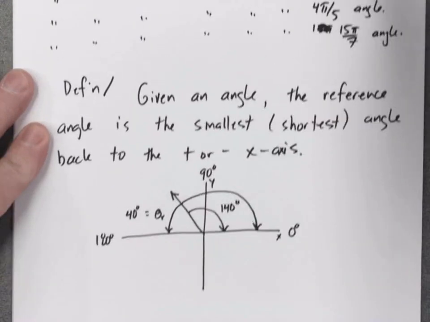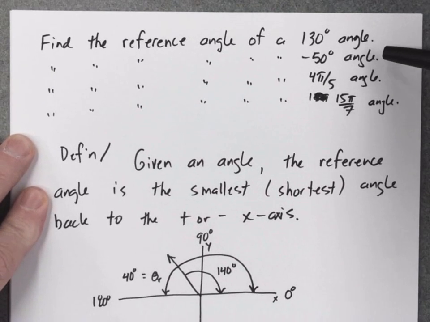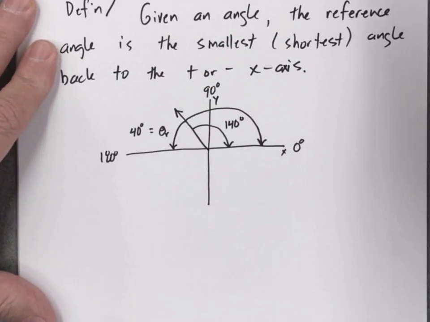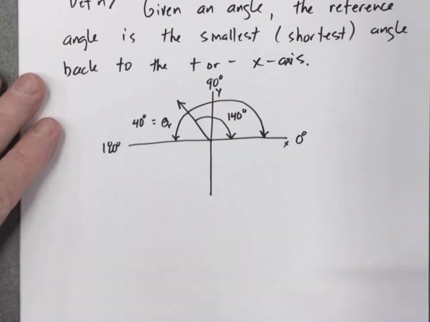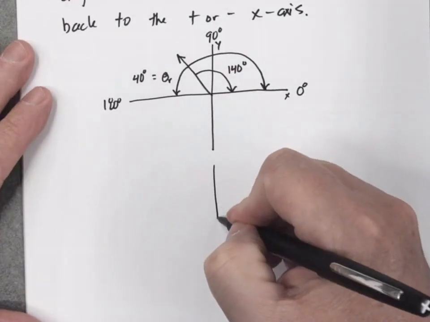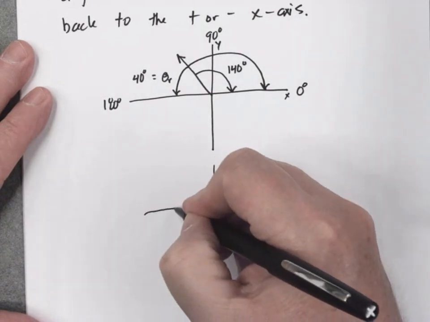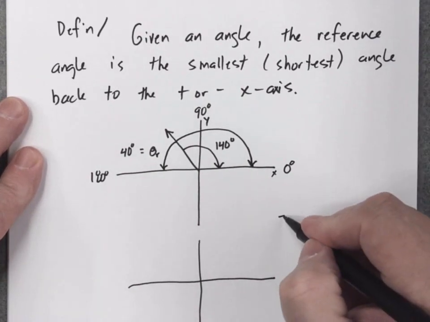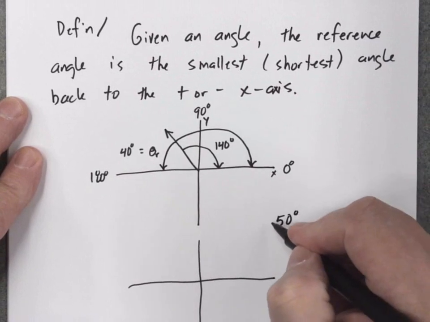How about this? We're given a negative 50-degree angle, and we're asked to find the reference angle. So, with reference angles, the best thing to do is to go draw your original angle. So I'll just write it here.